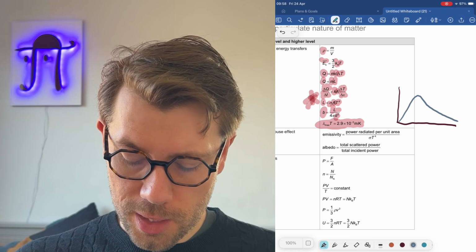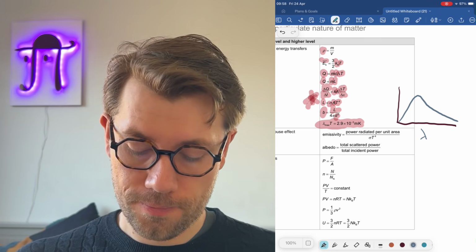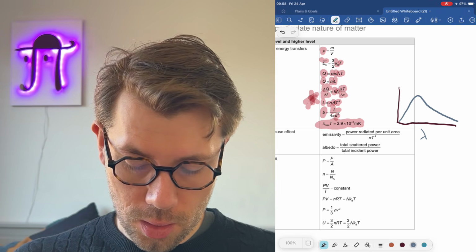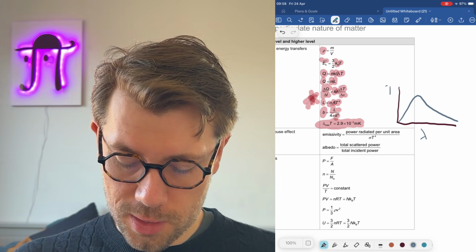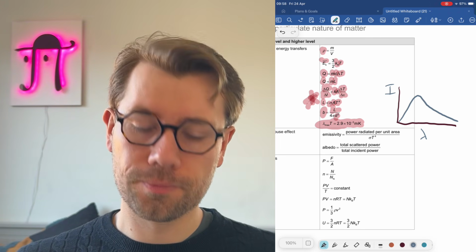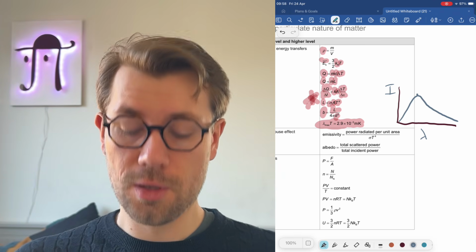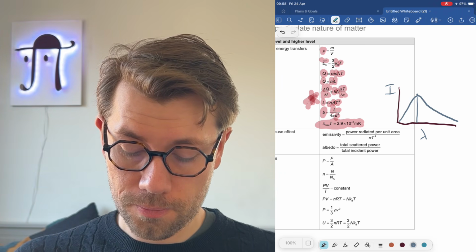And let's label these axes. On the x-axis we've got wavelength, and on this axis I think it's intensity, but it's basically the amount which is emitted. And you can see at some point there's a peak in the intensity for a certain wavelength.